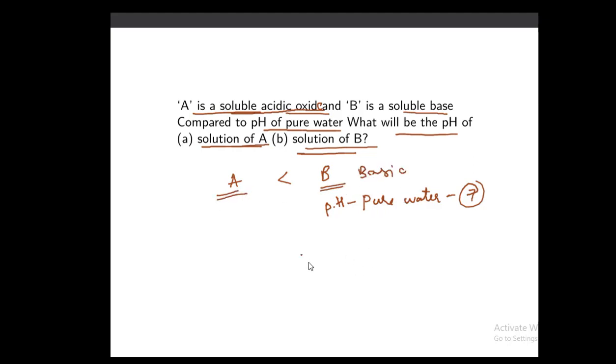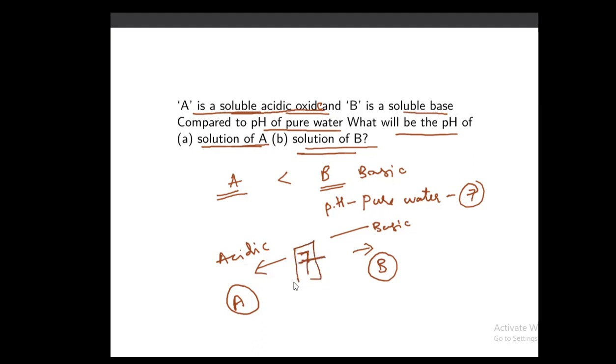Again, according to this table, the acidic solution pH will be less than that of the basic solution when we compare those pH values with the pure water pH, and the pure water's pH will be 7.